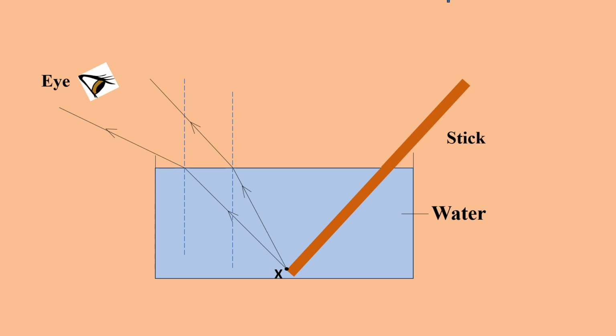Recall that the rays of light will bend away from the normal since air has lower optical density. So these two refracted rays will now enter the observer's eye, and the observer will see point X in this position labeled X dash.